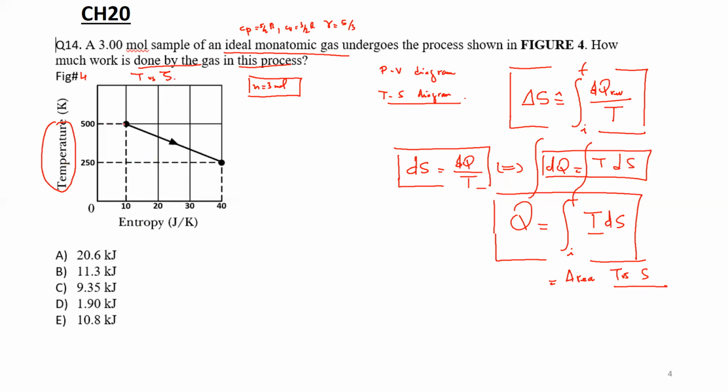You see, I start here. This is my initial state and this is my final state. So the heat, Q, will be what? Will be the area under the curve. Okay, so which area? I'm talking about this area here.